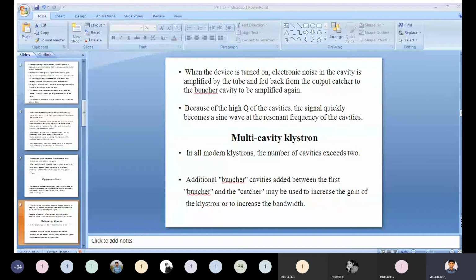The technician must be careful not to exceed the limits of the gradations, or damage to the klystron can result. Other precautions taken when tuning a klystron include using non-ferrous tools.